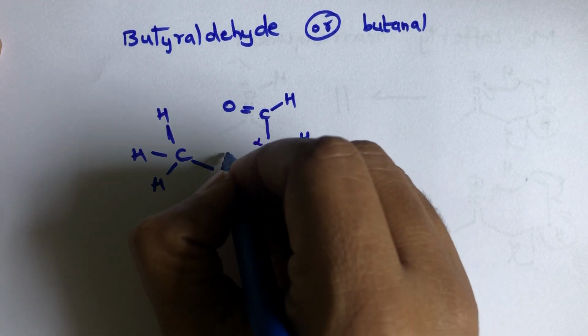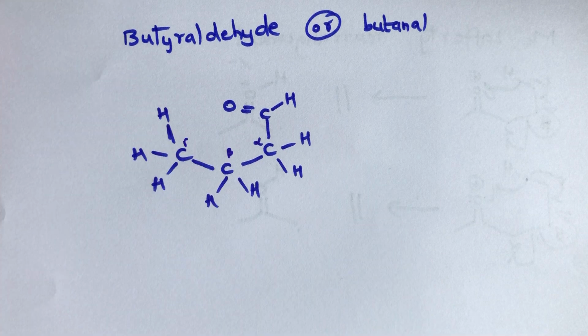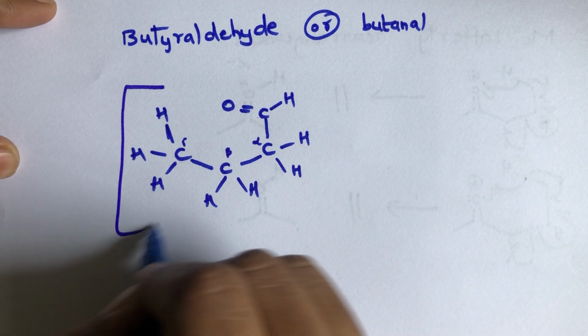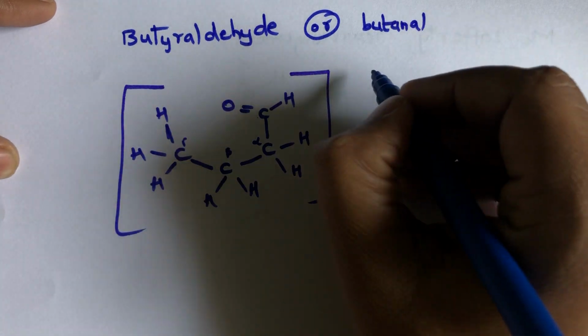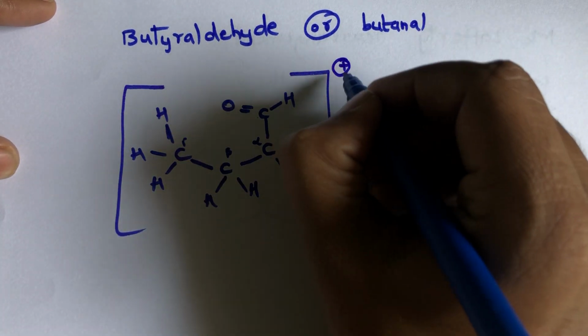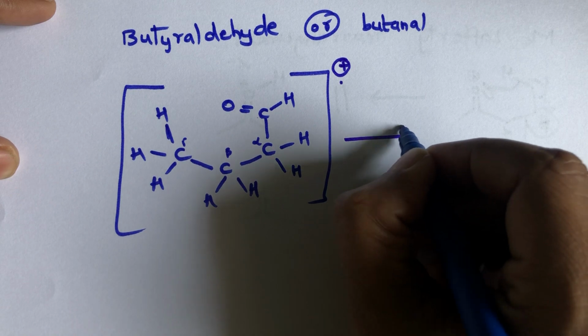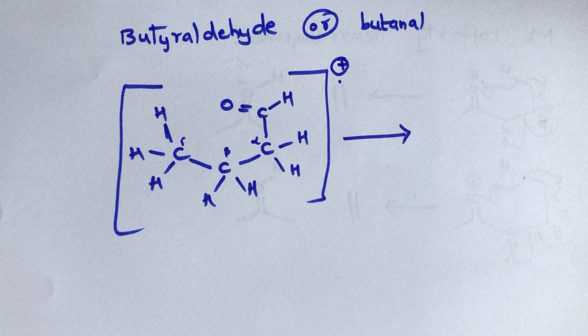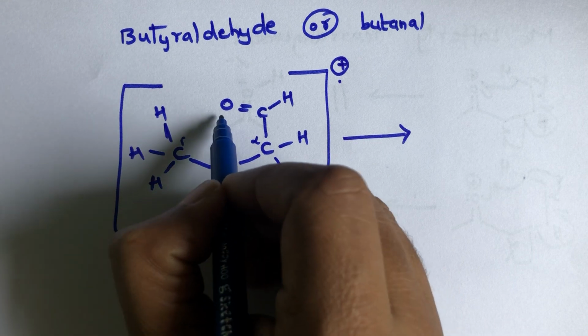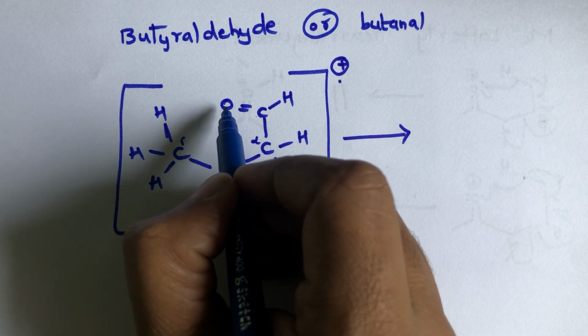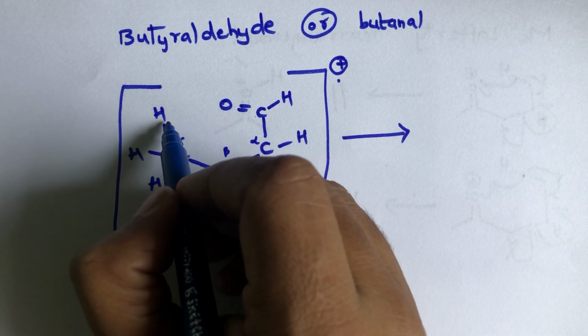Now, when you bombard it, what do you get? You get an ion radical. Now this hydrogen moves here. Okay, this hydrogen moves here.